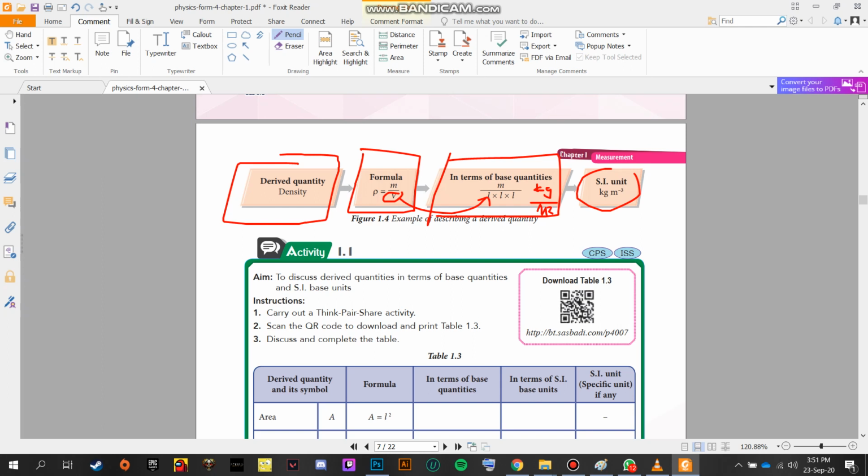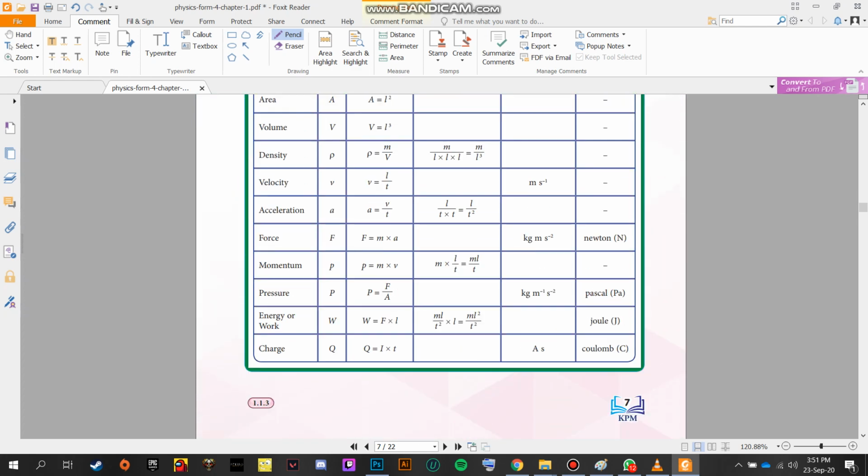So kilogram per meter cubed, or we can also write it like this: kg m^-3. The negative symbolizes the per, and the 3 symbolizes the cube here.